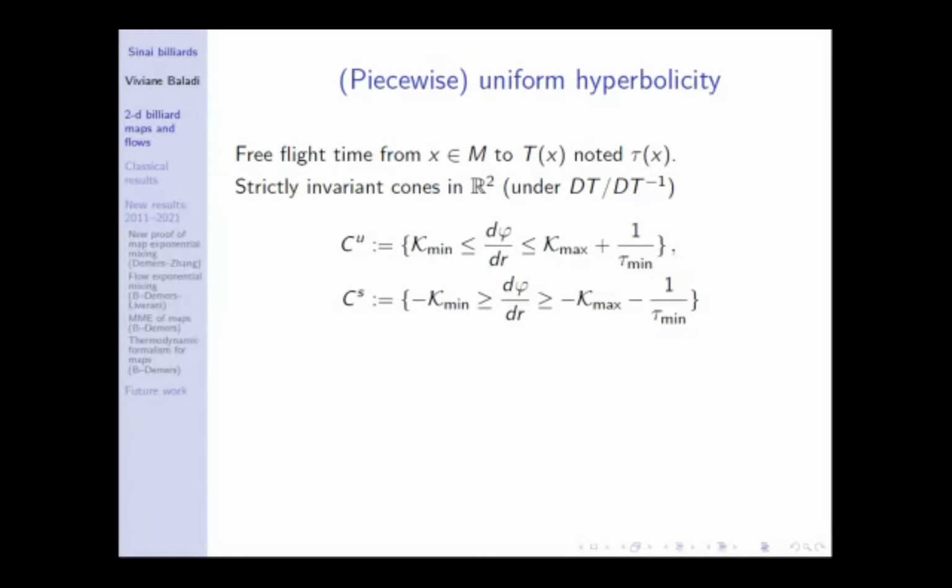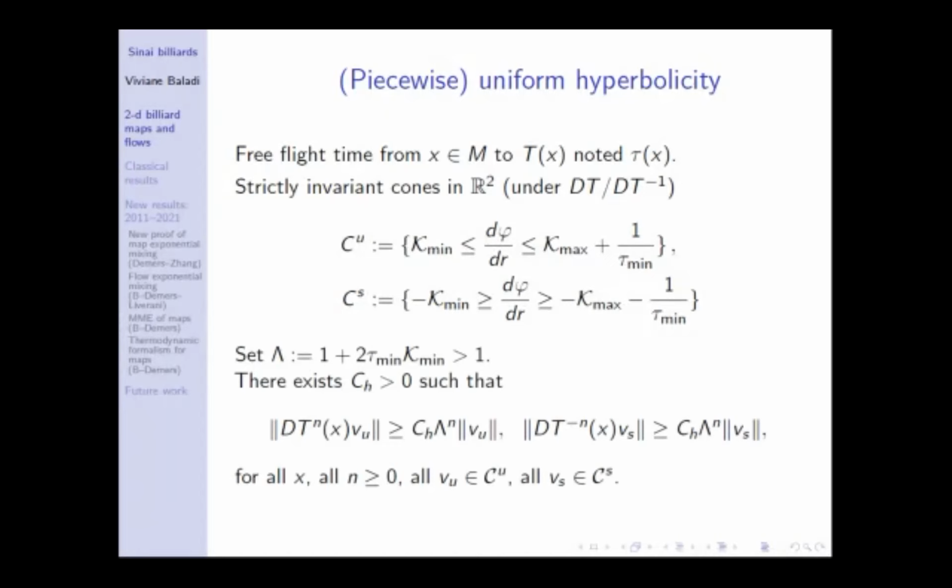By using this K min and K max, we can define these cones of directions. The other parameter which appears is tau min. So tau is a free flight time between obstacles. And since the repellers are closed and pairwise disjoint, this time is bounded from below. So tau min is strictly positive. So we define two cones of directions.